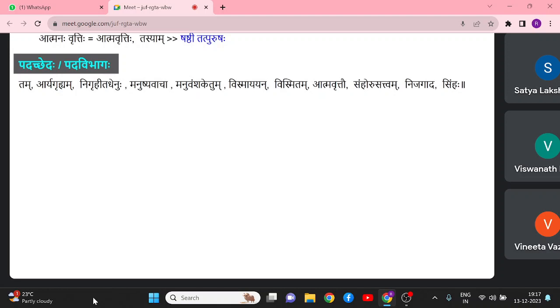Who is as powerful as a lion and who always aligns with the noble ones, who is the best in Manu's lineage, and who is right now shocked and perplexed with his own condition. The lion addressed this kind of Dilipa in the voice of a human, astonishing him even more.